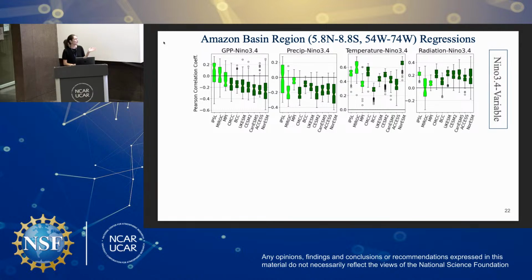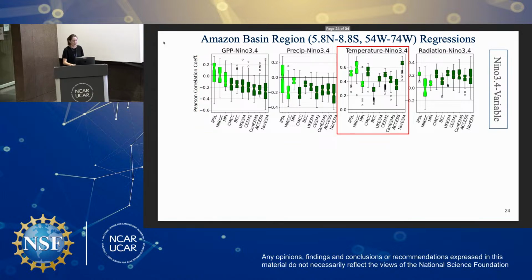So expanding this plot back out, I've now included those Nino 3-4 regressions with our different variables, from left to right: precipitation, temperature, and radiation. If we compare our GPP Nino 3-4 regression with our precipitation Nino 3-4 regression, we start to see a similar pattern. If there's a tight negative correlation of precipitation with Nino 3-4, you would expect to see a tight negative correlation of GPP with the Nino 3-4 regression.